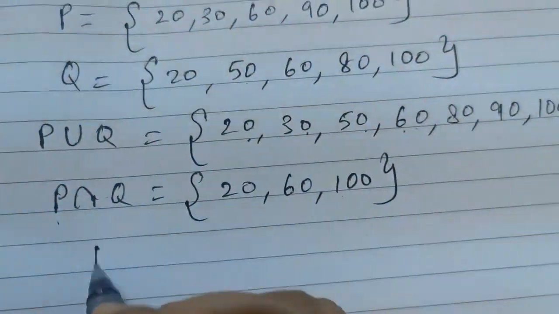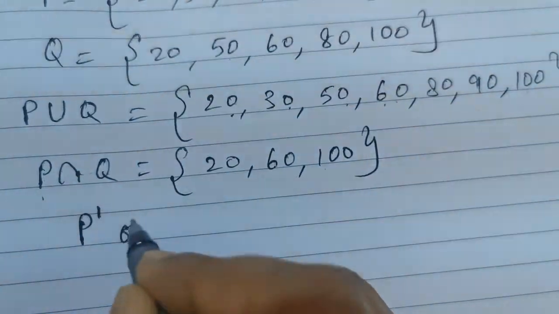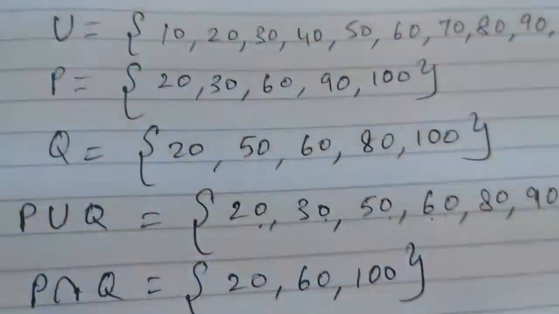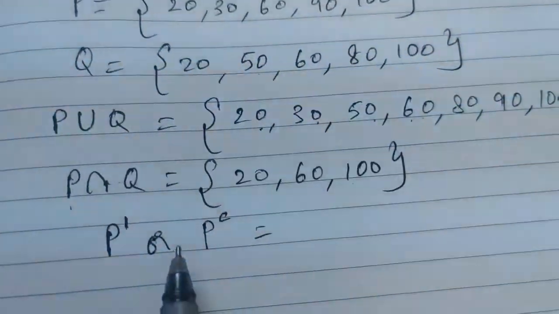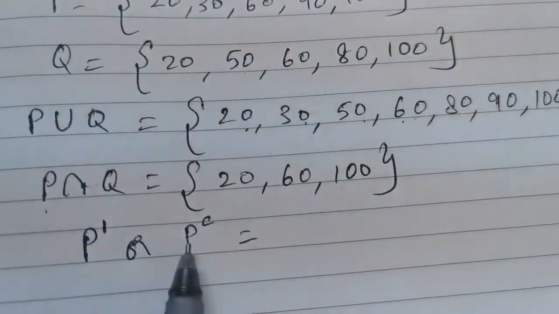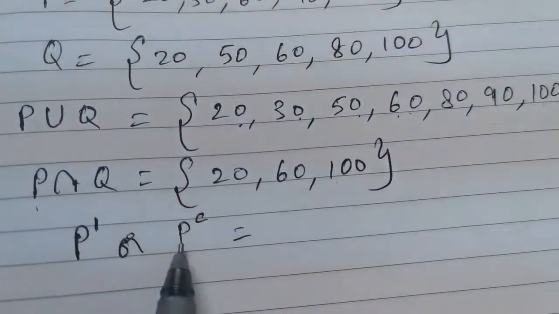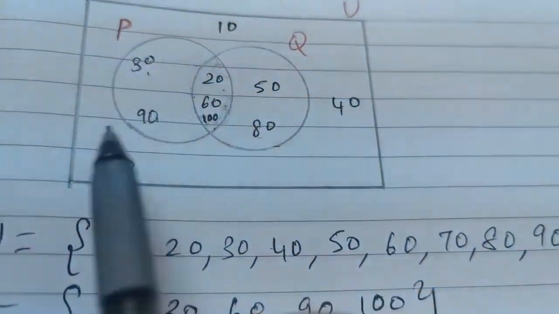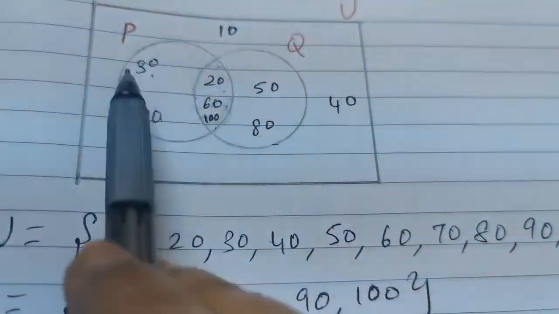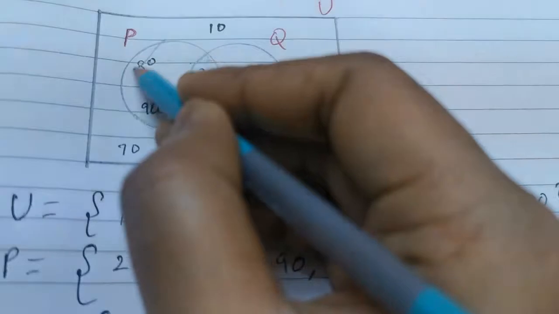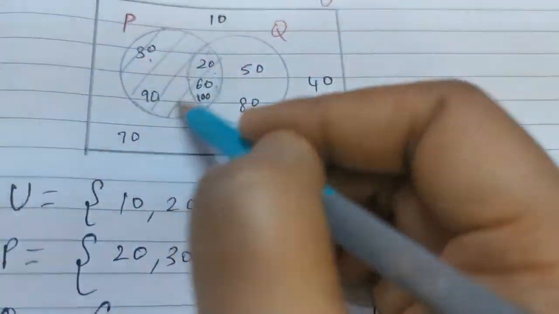Next, let us try P complement. You can represent it in this way or in this way. So P complement means all the elements from the universal set except the given set. Here the set given is P. P complement means we will write all the elements from the universal set except P. So we will remove the elements which are in this circle.